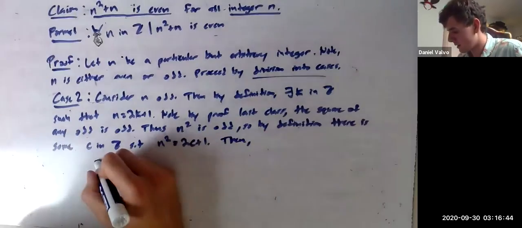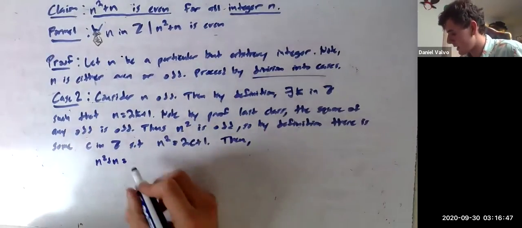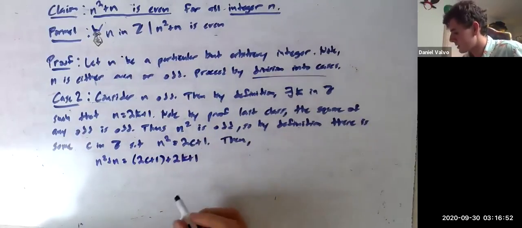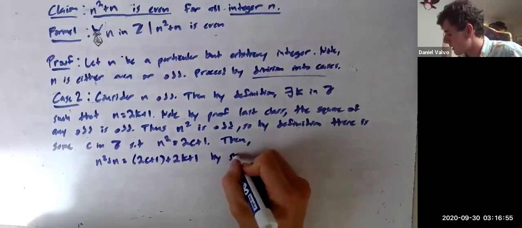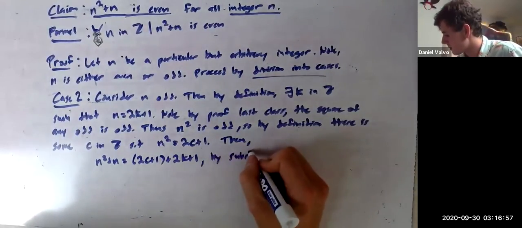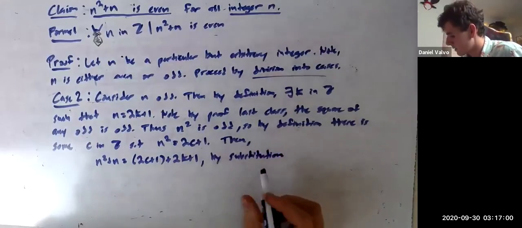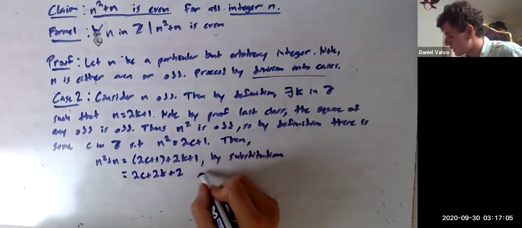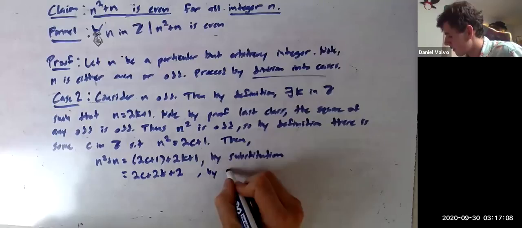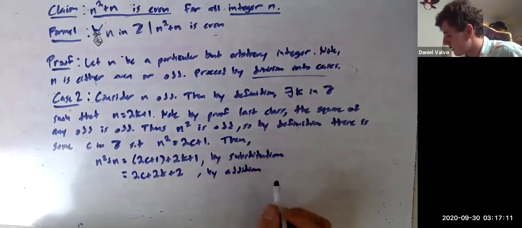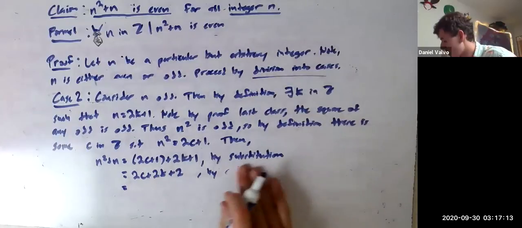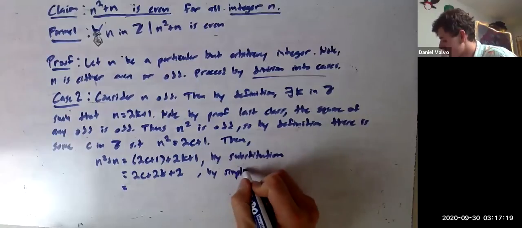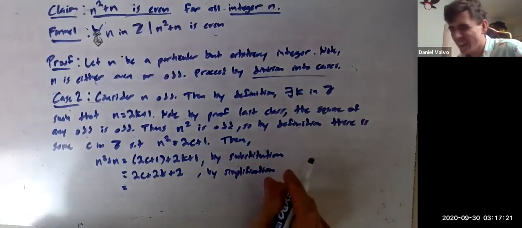Then n squared plus n equals 2c plus 1 plus 2k plus 1 by substitution, which then equals 2c plus 2k plus 2 by simplification.